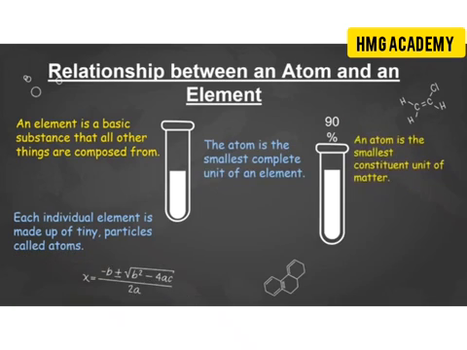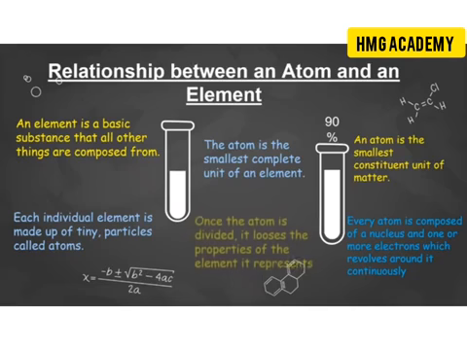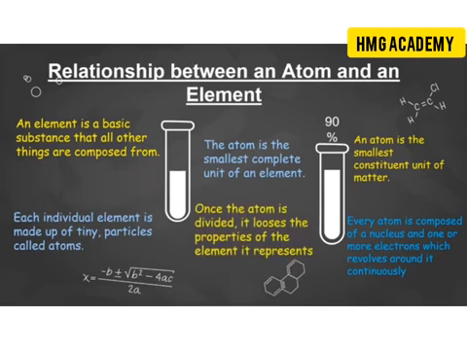The atom is the smallest constituent unit of matter. Every atom is composed of a nucleus and 1 or more electrons, which revolve around it continuously. Once the atom is divided, it loses the properties of the element it represents.